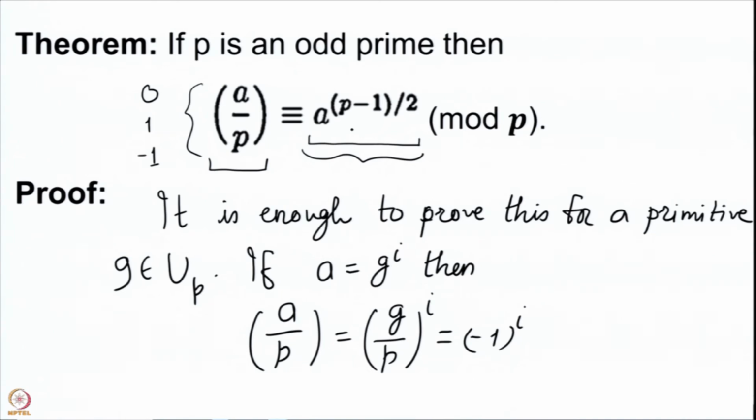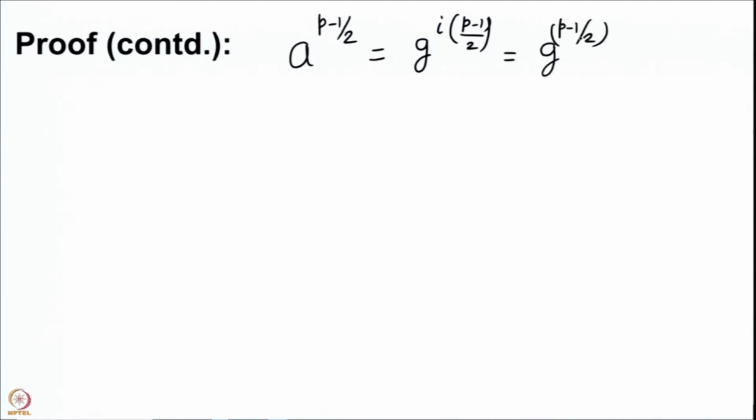So a to the power p minus 1 by 2 is g to the power i into p minus 1 by 2, and this is nothing but g power p minus 1 by 2, the whole thing to the power i.